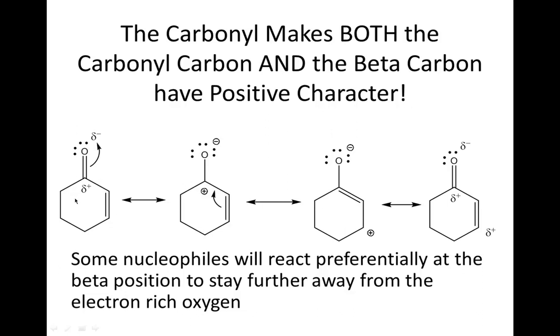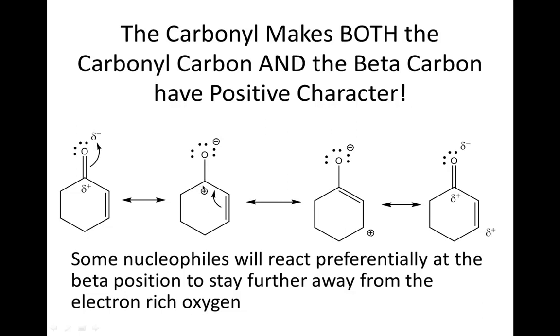And we can look at that by thinking about the polarity of this bond. The carbonyl has positive character on the carbon and negative character on the oxygen. And I've shown you before, in the extreme case, you separate that charge and put a plus charge here. And you'll notice that that's actually allylic, which was other terminology that we used. One carbon away from this double bond is the allylic position.